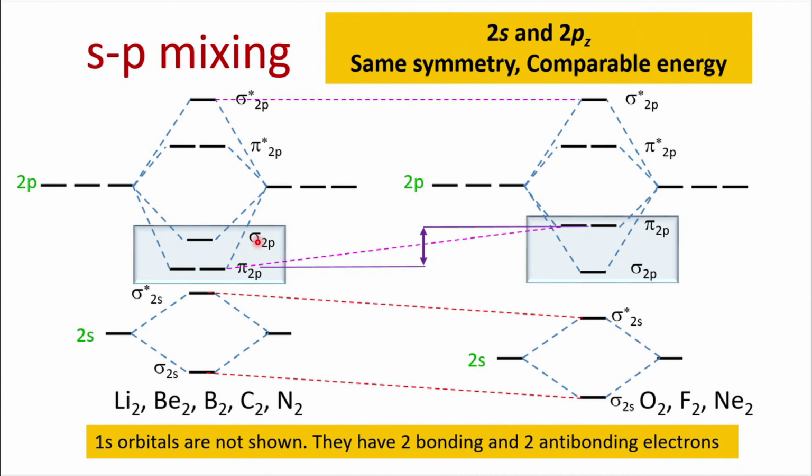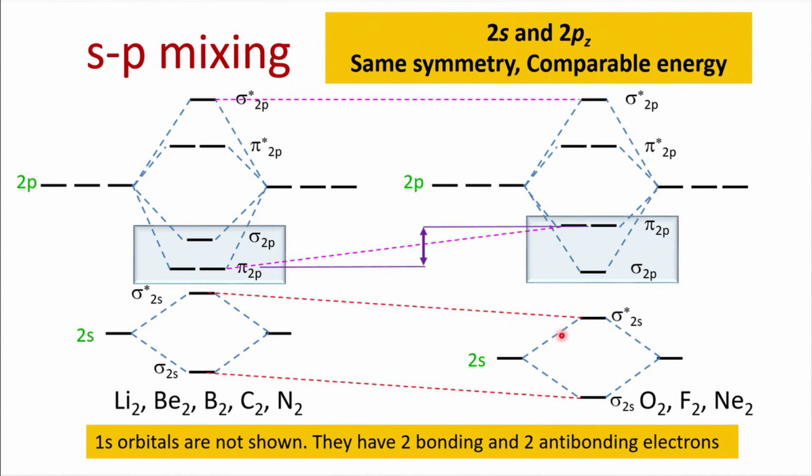That leads to reordering of the energy of various orbitals. In the case of oxygen, fluorine or neon, the energy difference between the 2s orbital and 2p orbital is a little bit higher. So that is the reason no mixing between 2s and 2p takes place.